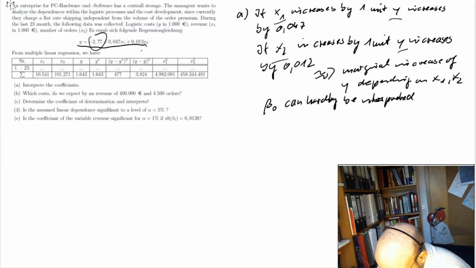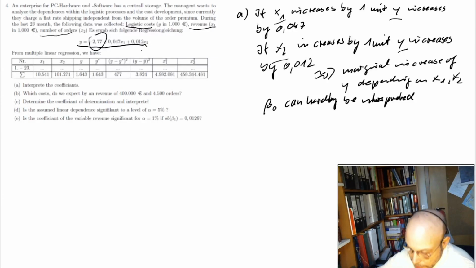Well, we have here our logistic costs depending on revenue and orders, and this would mean if we do nothing we would have minus 2.77, and this is economic nonsense, more or less.